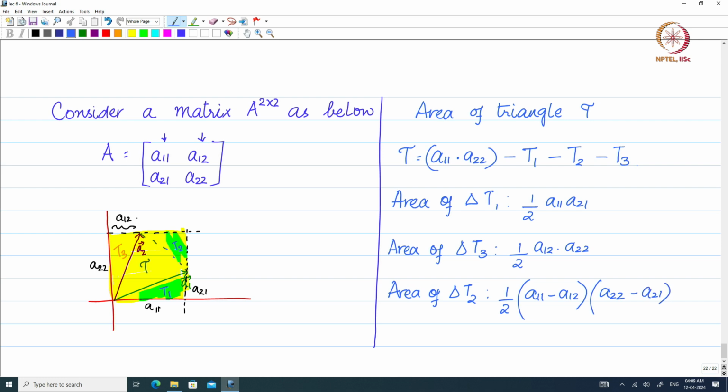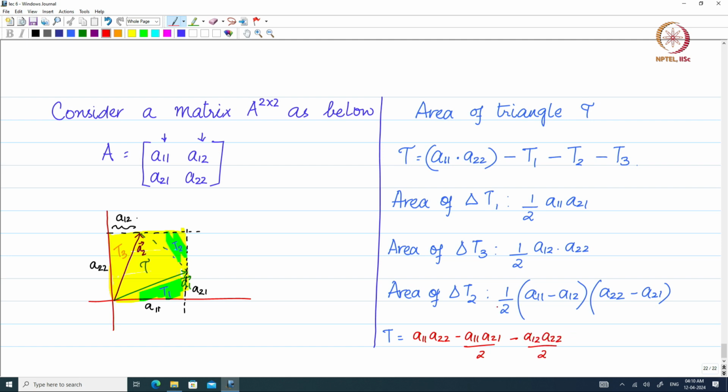Now, what we do is subtract all these things. So, what do we get? We get something interesting out here. The area of the triangle T is given by A11 A22 minus A11 A21 by 2 minus A12 A22 by 2.